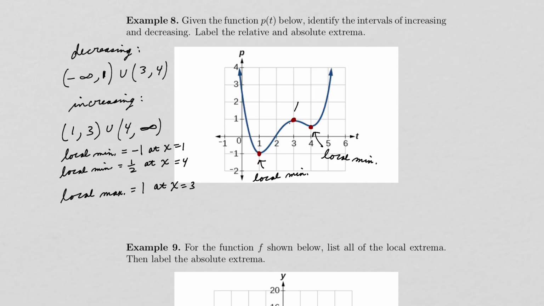This is a local max. Now, the question is, are there any absolute extrema? Are there any absolute maximums, absolute minimums? Definitely there's no absolute maximum, right? Because this function goes up to positive infinity. It doesn't stop at any finite number. So you could say there's no absolute maximum.